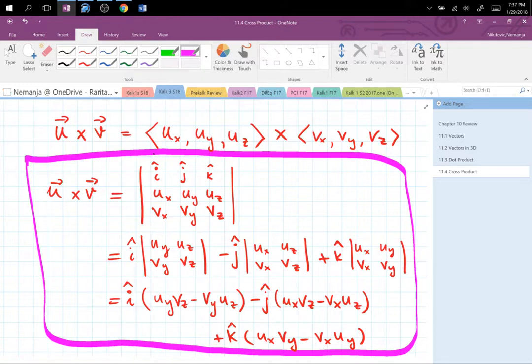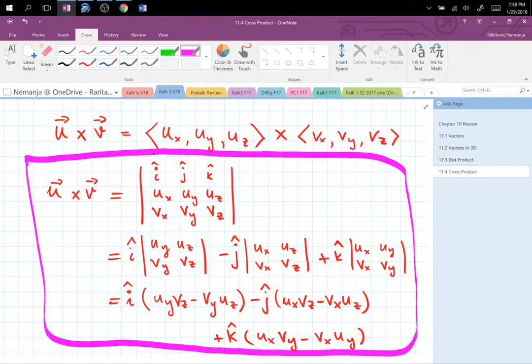Remember the dot product: ux vx, uy vy, uz vz, they're always the same, and then you're adding them. For the cross product, it's yz, yz, xz, xz, xy, xy. You see there's never xx, yy, and so on. So it fills the gap that the dot product left.